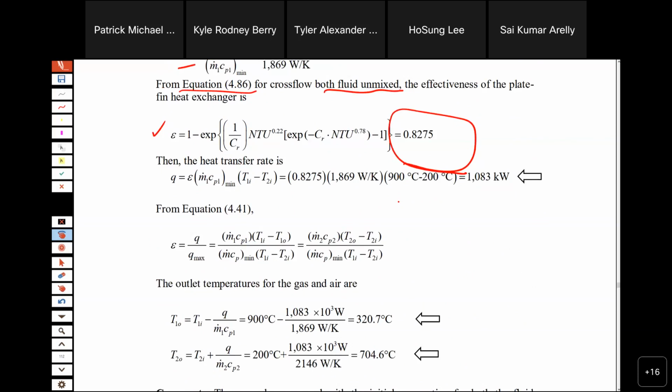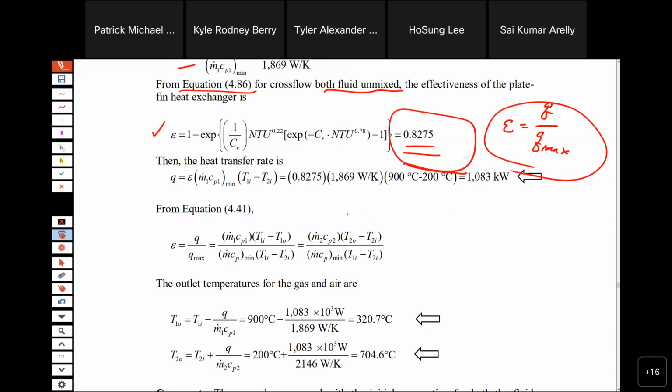Huge effectiveness, because effectiveness is defined as actual over Q max possible. Amazing. You can save $1 billion in a year, I'm sure, if you have this kind of good effectiveness in a power plant.